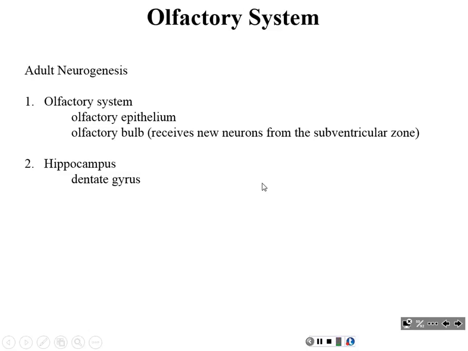But in the olfactory system, we have 2 places where there are new neurons being born. One is in the periphery, inside your nasal cavity. The neurons in the olfactory epithelium are replaced constantly, as I mentioned. And also in the olfactory bulb, inside the brain, we have new neurons, granule cells, inhibitory neurons that are being generated in the subventricular zone, right on the wall of the lateral ventricles.